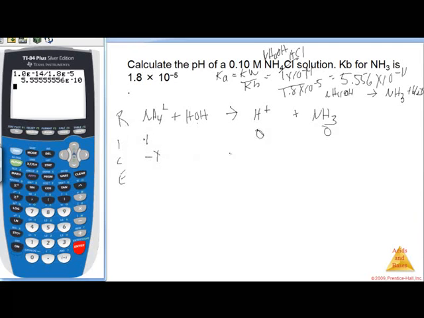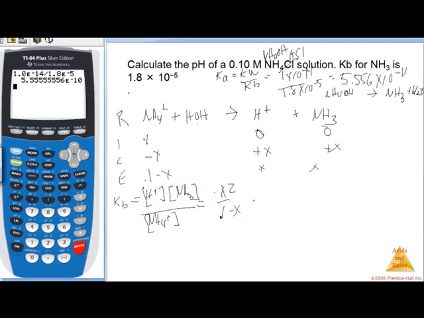I'm going to lose X from here, gain X, 0.1 minus X, X, and X. So my K is going to be my H plus concentration times my NH3 concentration over my NH4 plus concentration, and that is going to be X and X, so that's X squared over 0.1 minus X, and that is equal to my Ka, which is 5.556 times 10 to the minus 11.